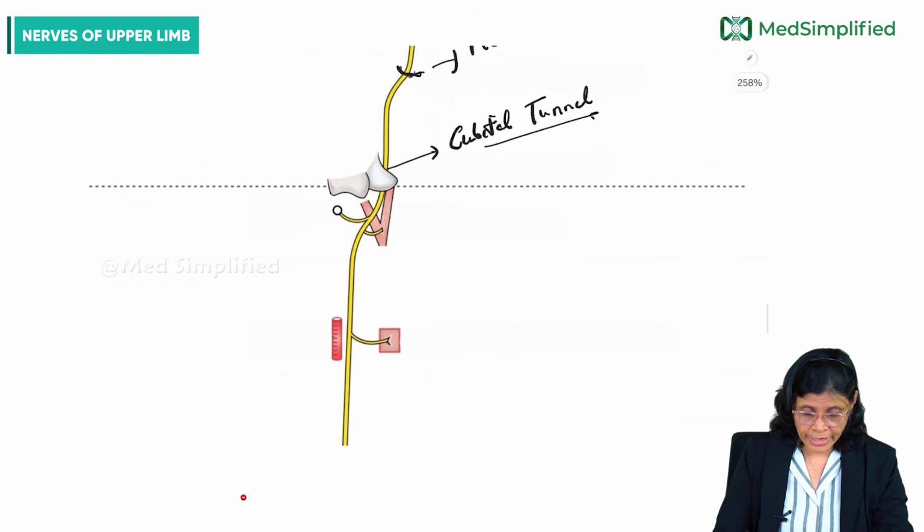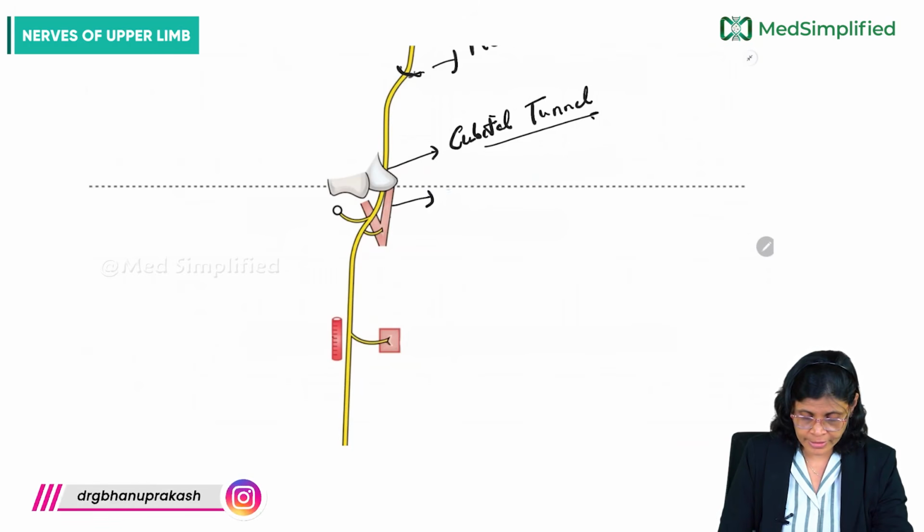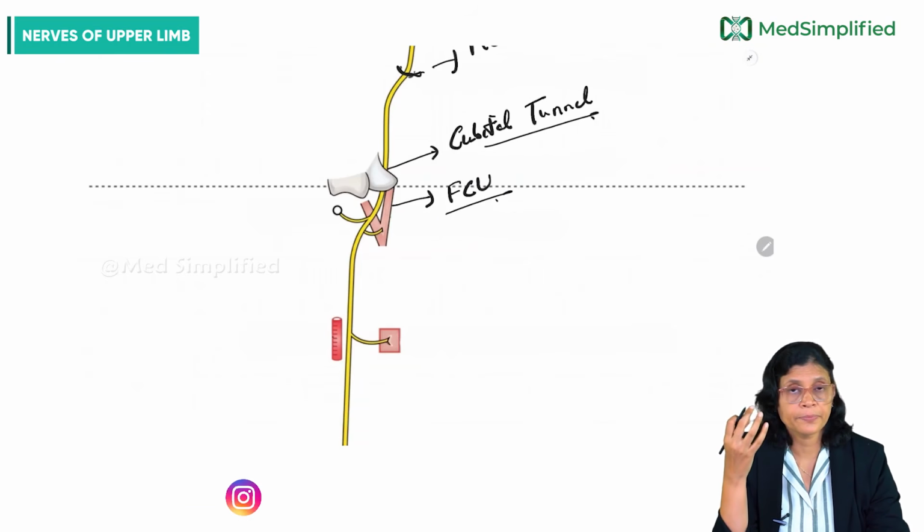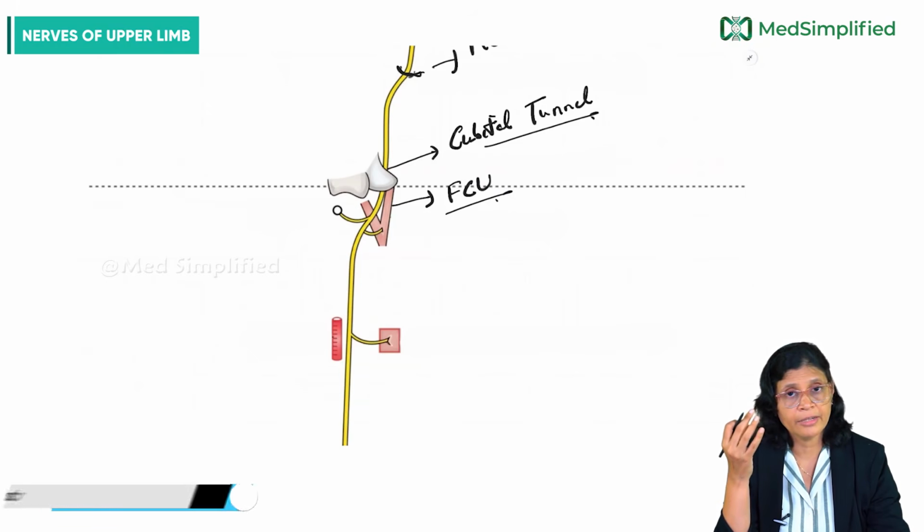Even the median nerve doesn't give any branches there. So the nerve enters the anterior compartment of the forearm by passing between the two heads of flexor carpi ulnaris. Here I just want you to recollect, we studied the radial nerve, median nerve and ulnar nerve.